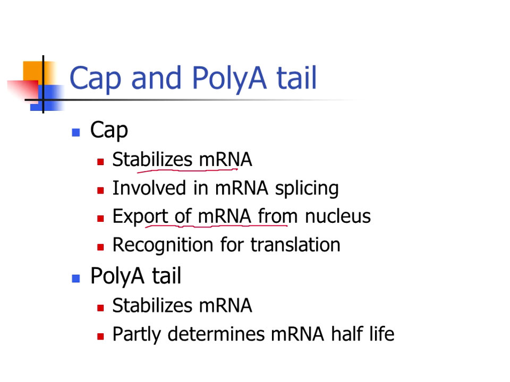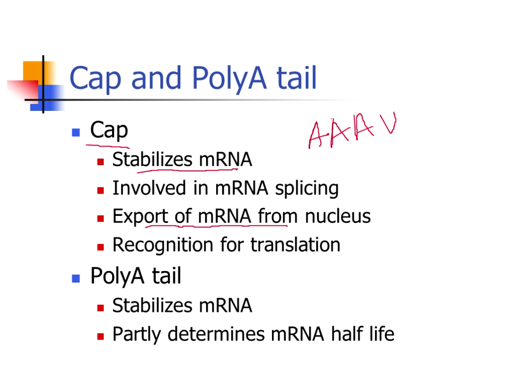So when the messenger RNA gets to the ribosome, the cap is involved in recognizing the place where the messenger RNA is going to attach itself to the ribosome, the large ribosome subunit, right? So those are all the functions of the cap of the messenger RNA. And the poly A tail is nothing but a long tail; there is a consensus sequence, but a lot of A's in there. There is also a U.